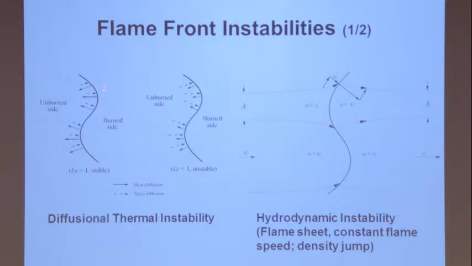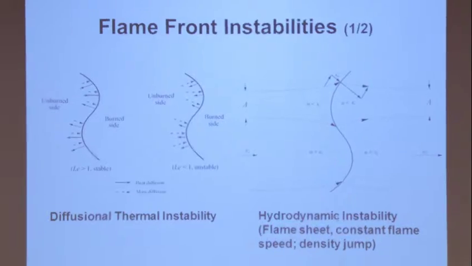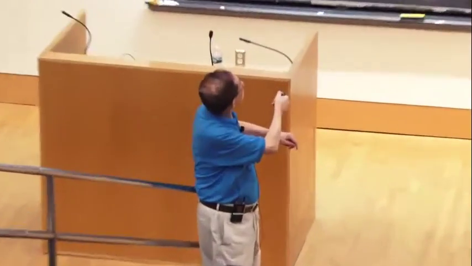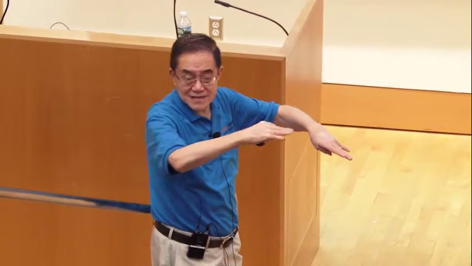It'll make it burn stronger, so it'll spring back. And for this curvature, it's going to go this way. So if I have a planar flame and I wrinkle it, for Lewis number bigger than 1, the wrinkle will come back. The wrinkle will be diminished. So it's self-stabilizing. It doesn't get unstable.